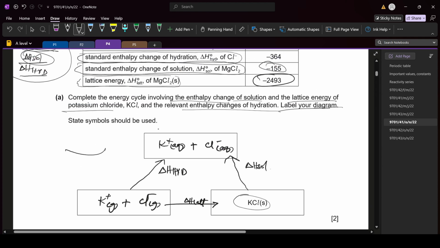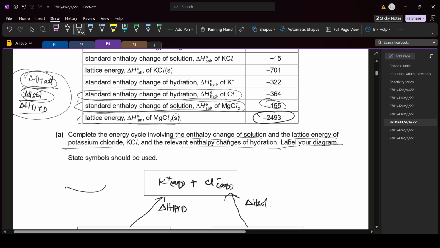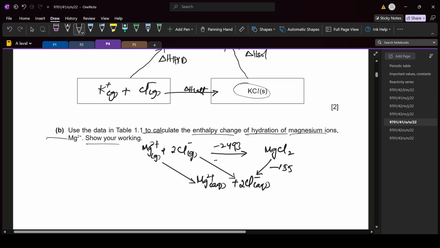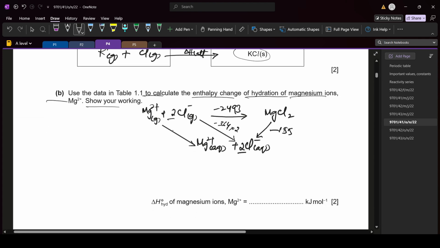Now the enthalpy change of hydration of chloride ions is negative 364, but you will multiply it by 2 because there are 2 moles of chloride. You have to find the enthalpy change of hydration of magnesium ions. So this is x.